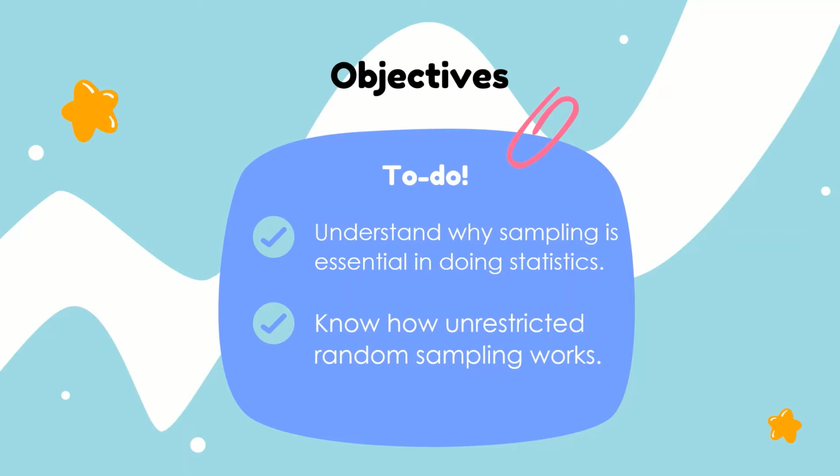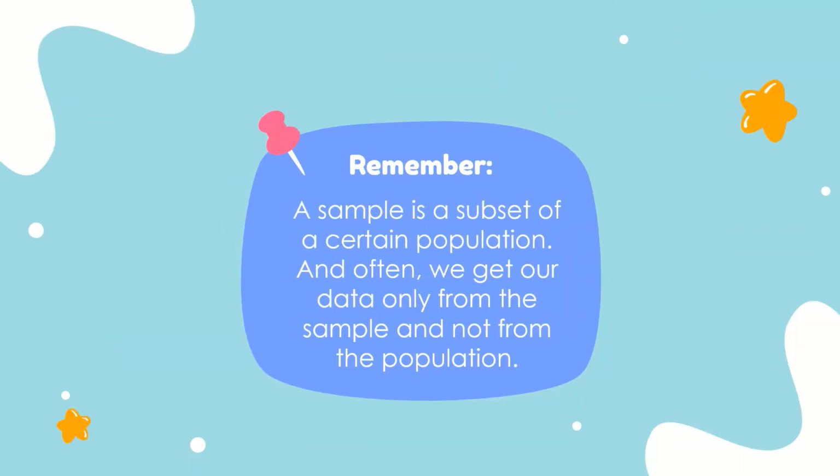In our last video, we discussed sampling tangentially. Now, we'll talk about it at length. Remember that a sample is a subset of a certain population, and often we get our data only from the sample and not from the population. Why?